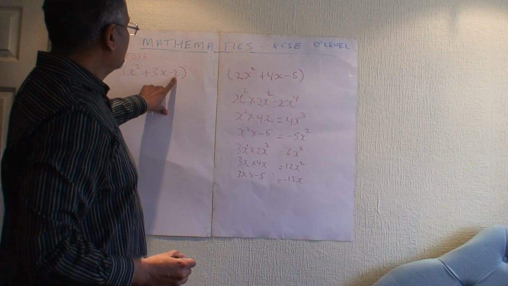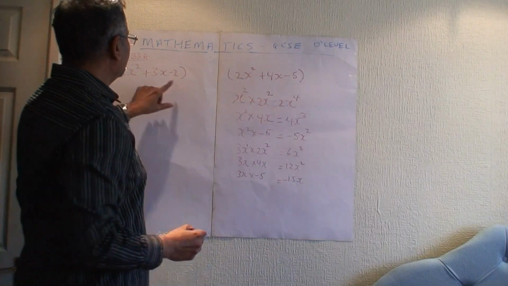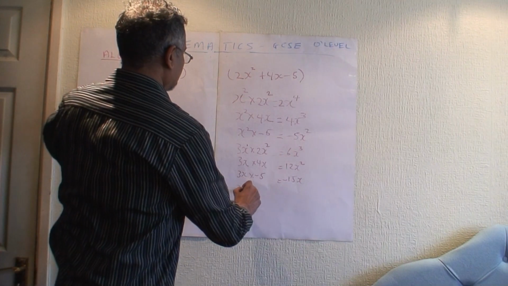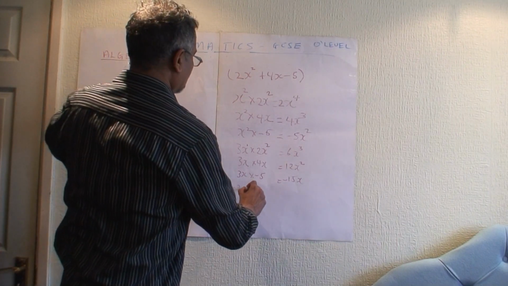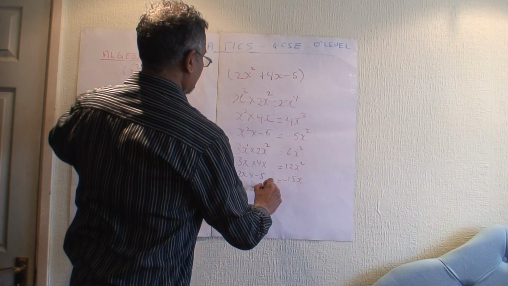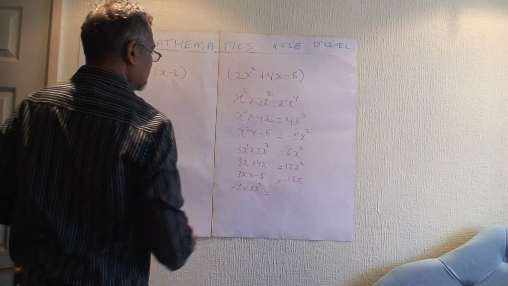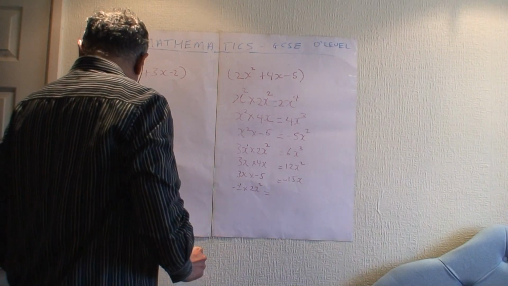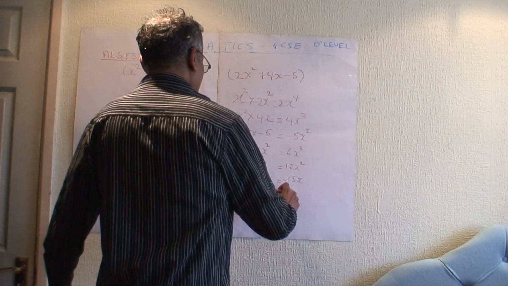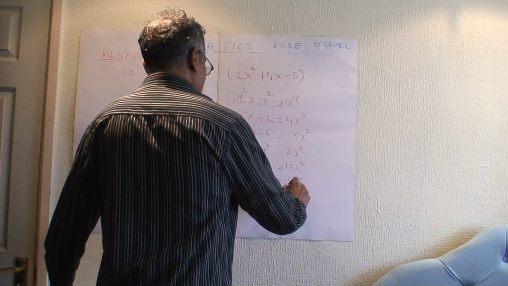And we need to look at multiplying the minus 2 to each of the terms here. So minus 2 multiplies by 2x squared, that works out to be minus 4x squared.